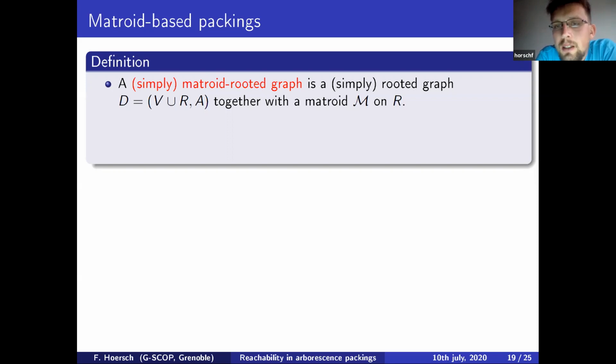What I want from my packing is that for every vertex, the arborescences which it is contained in form a root of that matroid. So I look at a vertex, I say, which arborescences do contain me? What are their roots? And these roots, I want to form a basis of the matroid, which is given.